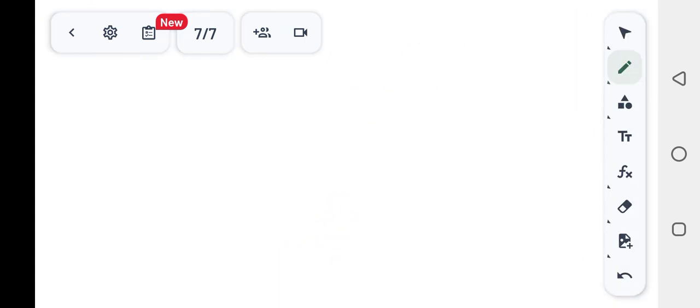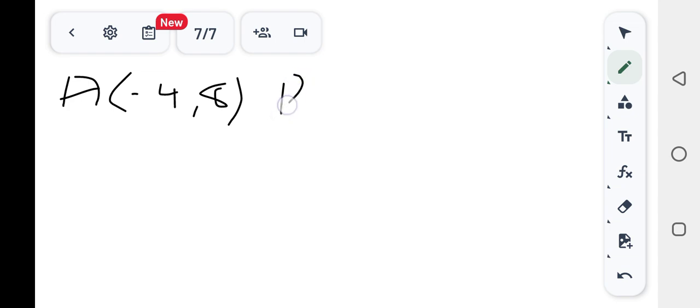We want to find the equation of the perpendicular bisector of AB, where A and B are the points (-4, 8) and (0, -2).